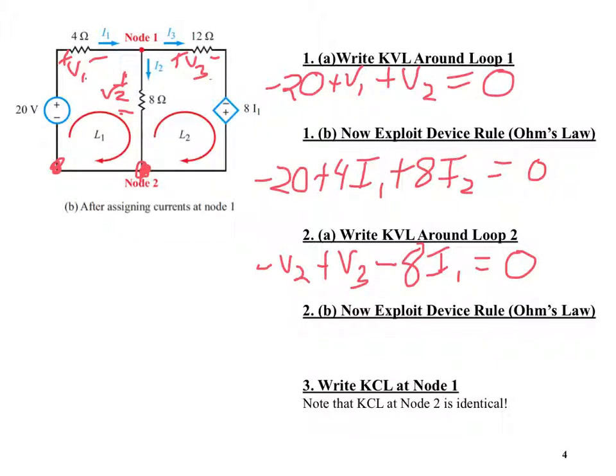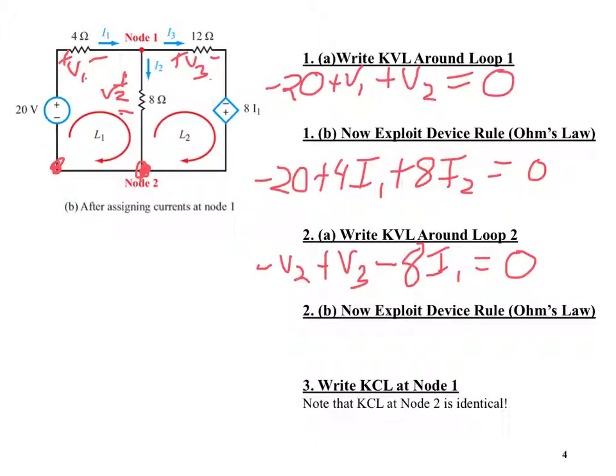And so now we have 2 resistors in that loop for which we can exploit Ohm's law, the device rule for each of those devices. And again, we see that we have things set up so that the I2 arrow goes into the V2 plus sign.